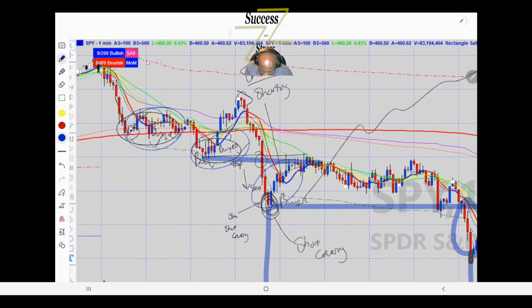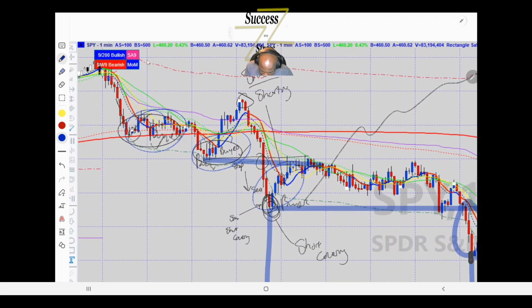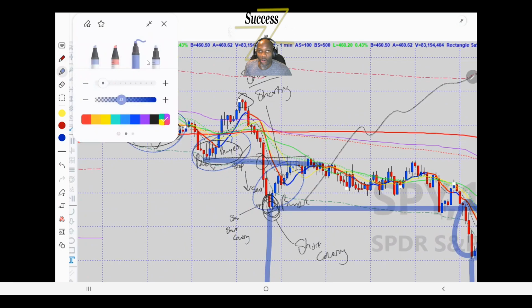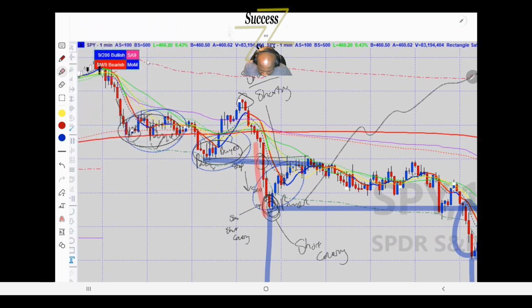Now the problem is with this shorting that's going on here. And I'm making it messy, I know. I want you to have to try to keep up. This shorting that's going on from this level down to here, and this short covering that's happening here.